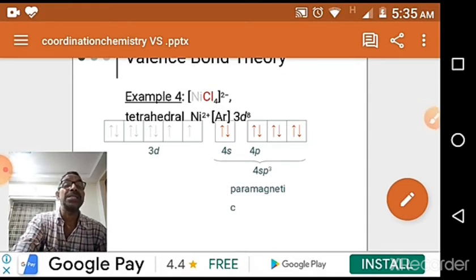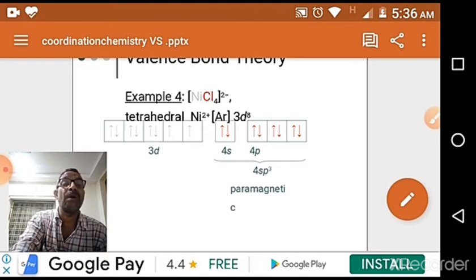In tetrachloronickelate(II), nickel exhibits sp3 hybridization. It provides 1 s orbital and 3 4p orbitals. After intermixing of these orbitals, we call it sp3 hybridization. Due to this sp3 hybridization, the orbitals are arranged in tetrahedral geometry. These vacant orbitals overlap with the filled orbitals of 4 chloride ligands.